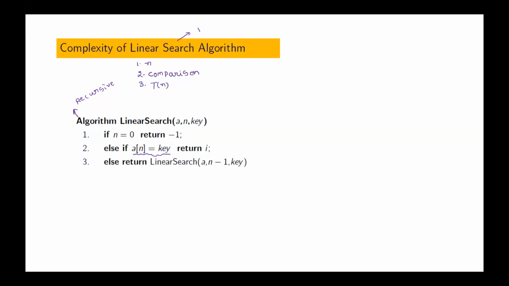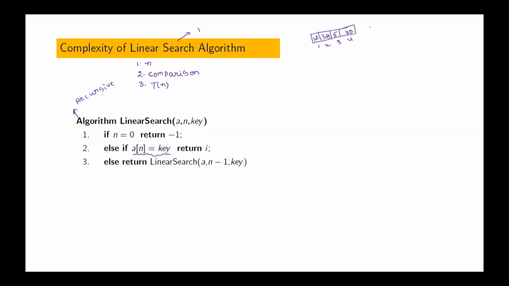Does it depend only on n, or on the actual values in the input also? Actual values in the input also. For example, 1, 2, 3, 4. This is 30, this is 5, this is 35, 38, this is 12.